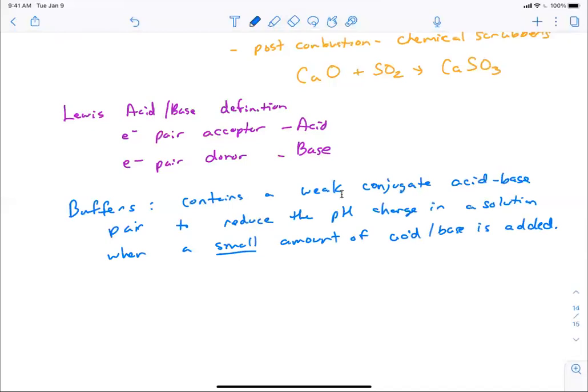So if you're trying to identify buffers, look for a conjugate acid base pair that's weak, or the ability to make one when you combine those two things together. And it resists the pH change. I guess resist is probably a better word than reduce, to be honest with you. I knew there was an R word. Resist the pH change in a solution when a small amount of acid or base is added.